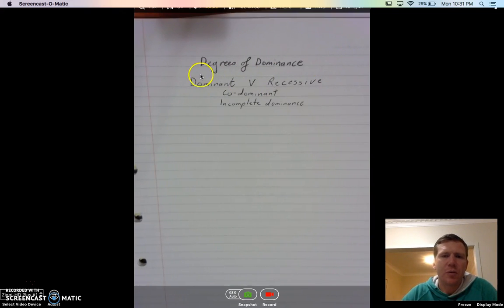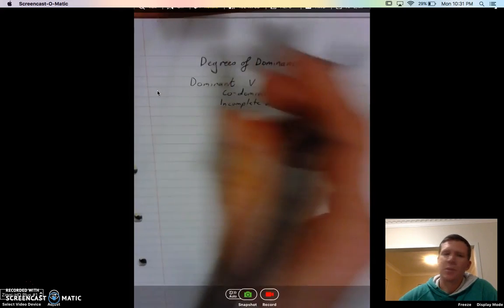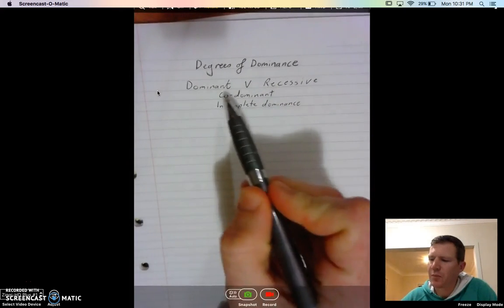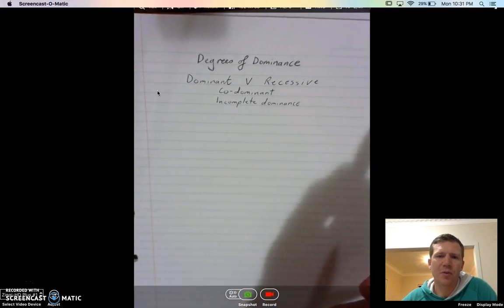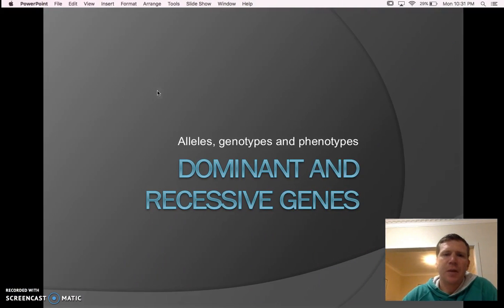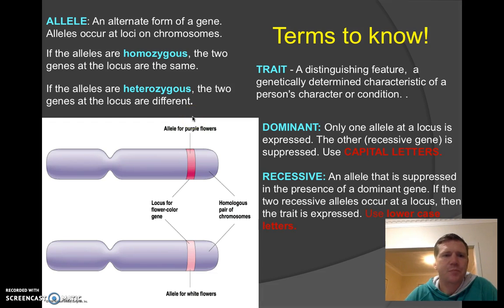Okay, so starting off, we just do a quick recap. When we looked at Mendel's simple inheritance, we talked about the concepts of dominant versus recessive. When we're talking about inheritance, we know that we get a gene or an allele from both parents, one from mum, one from dad, and those two alleles combine to determine our particular traits.